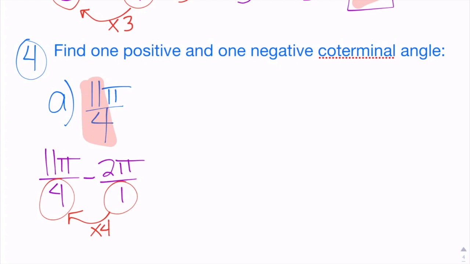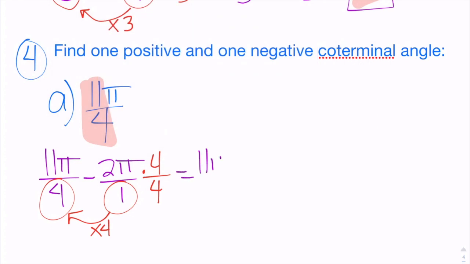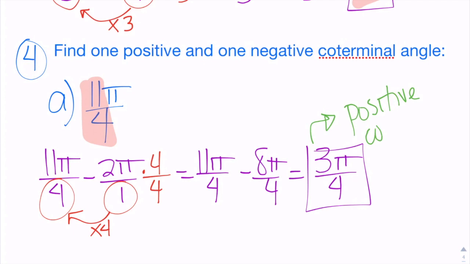This is 4 and this is 1. We can get there by multiplying by 4. So we're going to multiply this by 4 over 4. So we get 11 pi over 4 minus 8 pi over 4. And that gives us 3 pi over 4. And so this 3 pi over 4 is our positive coterminal angle.